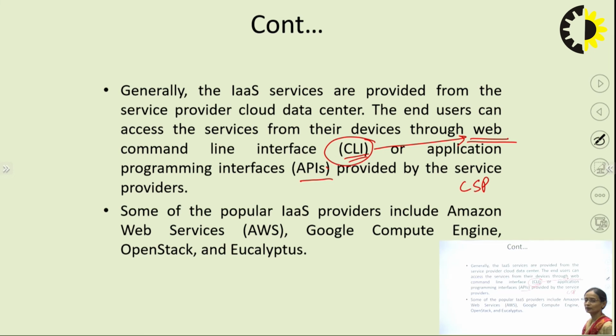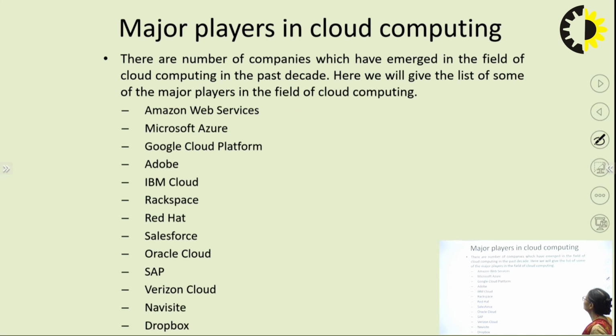Some of the popular IaaS providers, for instance, Amazon has provided AWS, Google has Compute Engine, then we have OpenStack, and another example is Eucalyptus. These are the major players in cloud computing.